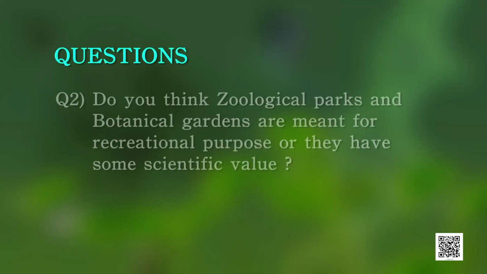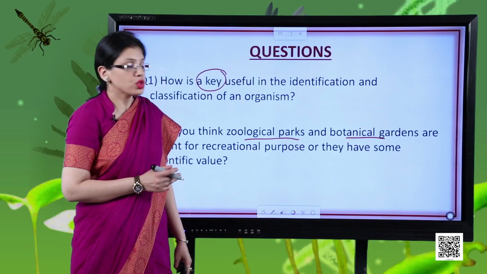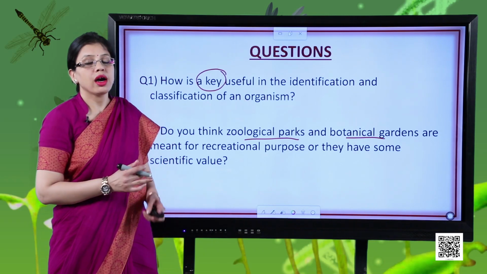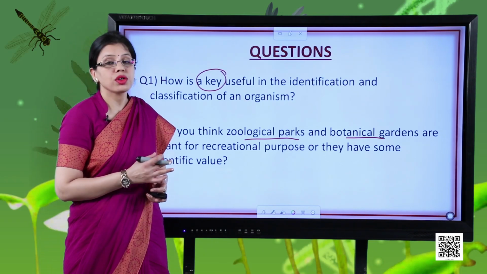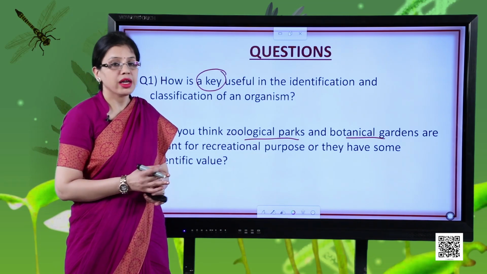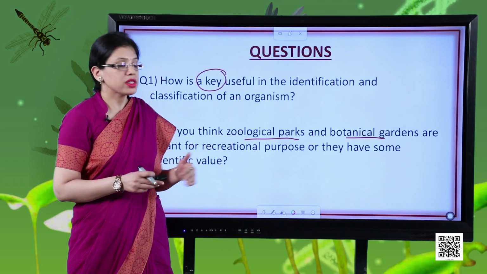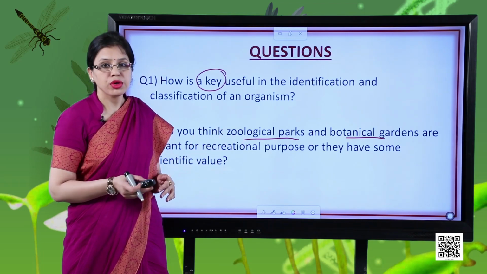The second question which we have to discuss: do you think zoological parks and botanical gardens are meant for recreational purposes, or do they have some other scientific value? Zoological parks help us in a large number of ways. With the help of a zoological park, we can preserve animals. If any animal is on the verge of extinction, with the help of mating programs, we try to increase their number also.